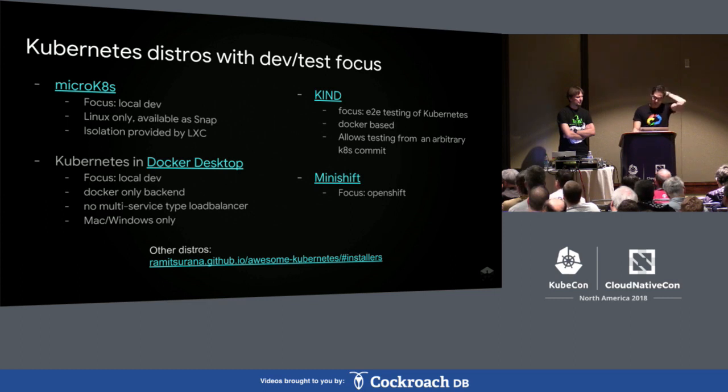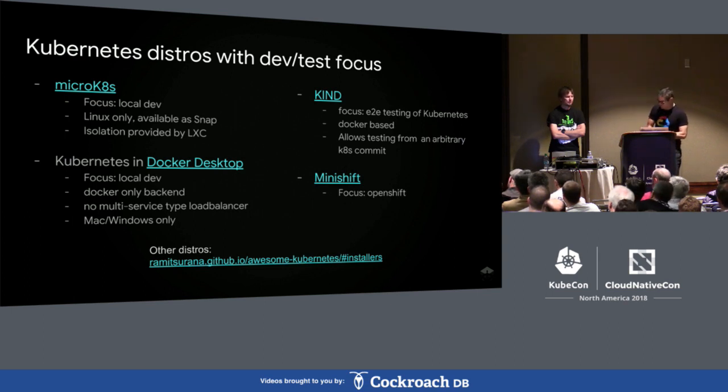It's Docker only backend, and if you deploy more than one service of type LoadBalancer, then the second one and the ones after will be pending the external IP because they are tying it to the localhost IP address. So it's a little bit different, but it's also very convenient to use and get started with.